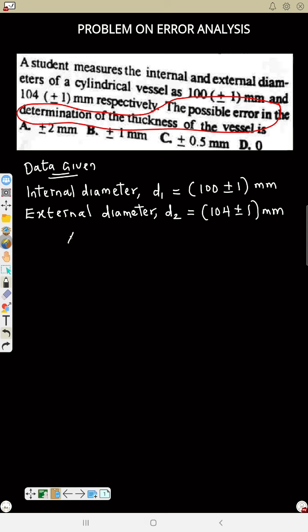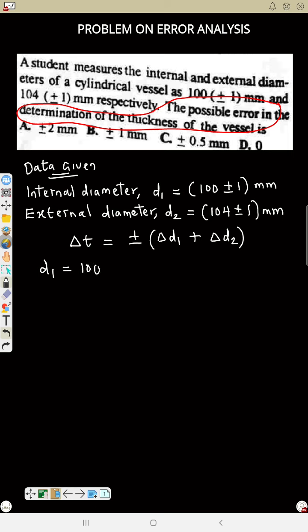So, absolute error in the thickness will be equal to plus or minus absolute error in internal diameter plus absolute error in external diameter. Now for the internal diameter d1, we have 100.